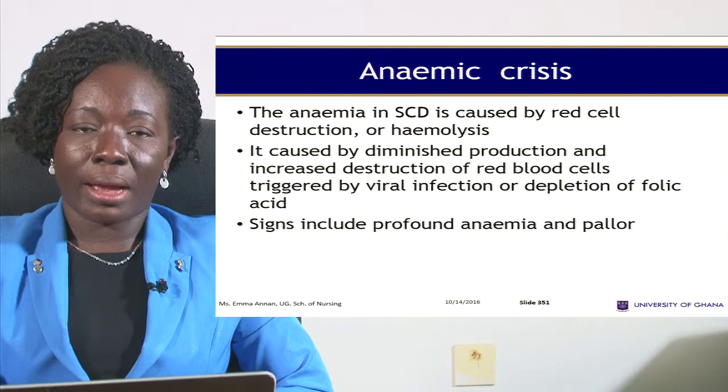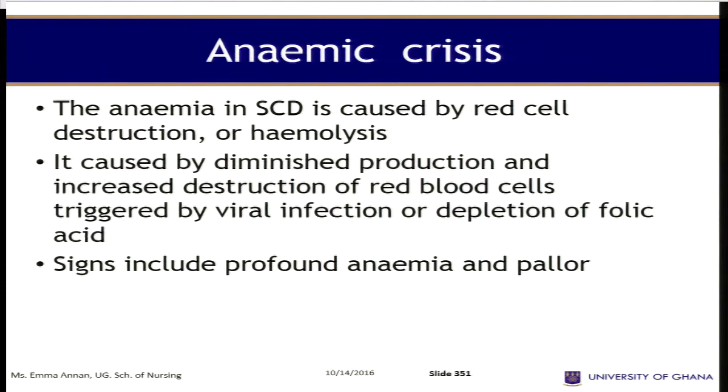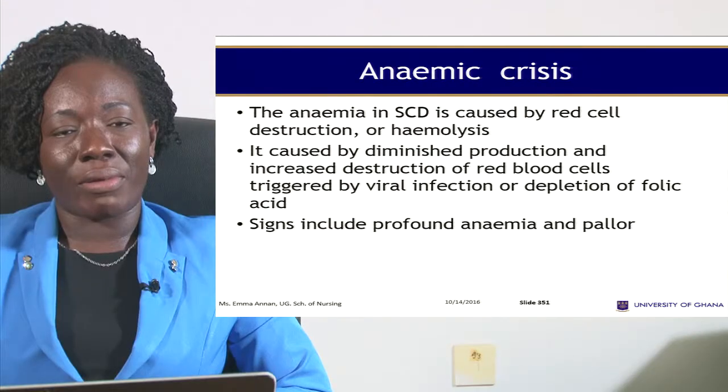So look at the aplastic or anemic crisis. What is it? The anemia in sickle cell disease is caused by red blood cell destruction or hemolysis. A normal red blood cell will take about 120 days before it breaks down, but in sickle cell, it takes 20 days or less. So there is rapid destruction or hemolysis. They keep on breaking down the red blood cells.